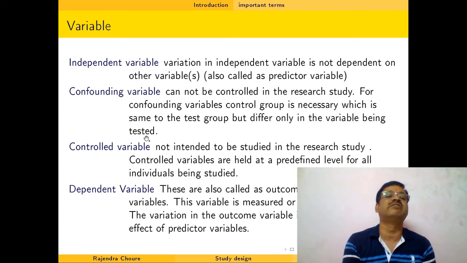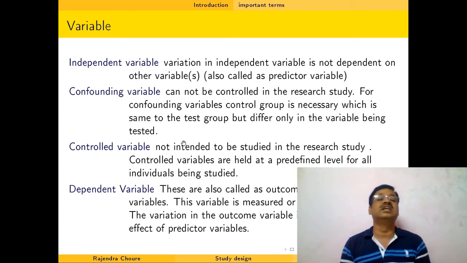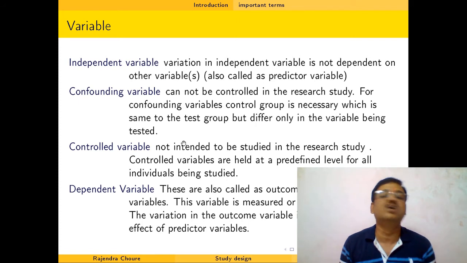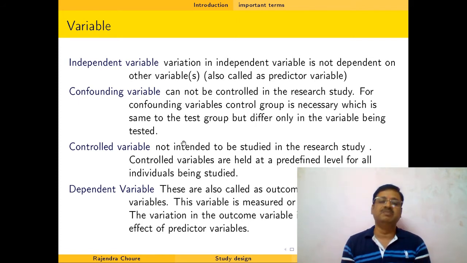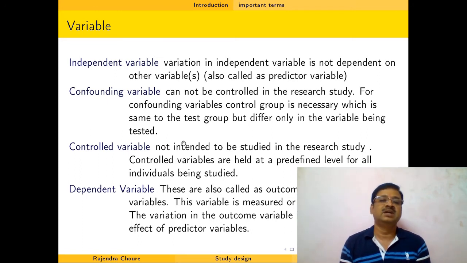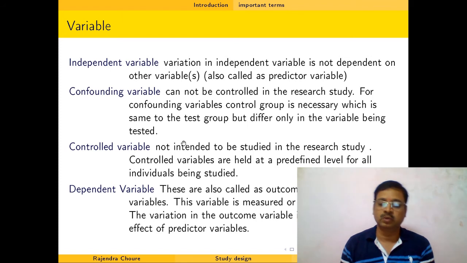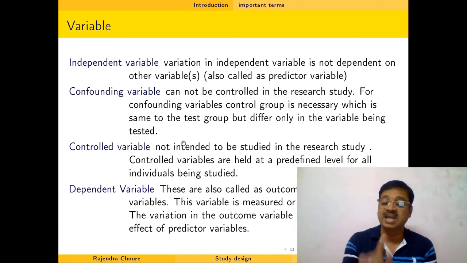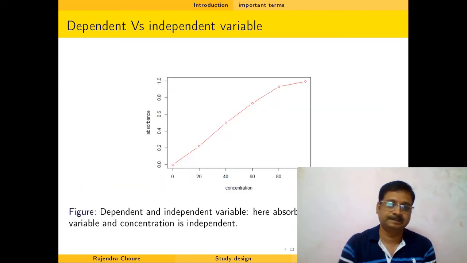If these are reasons for variations, then interpretation of results will become very difficult and your results will not be reliable. Therefore, your focus will be on the independent variable and dependent variable, and at the same time you will control the confounding variables by keeping their level the same across your test and your control group. Your study design has to take care of this.